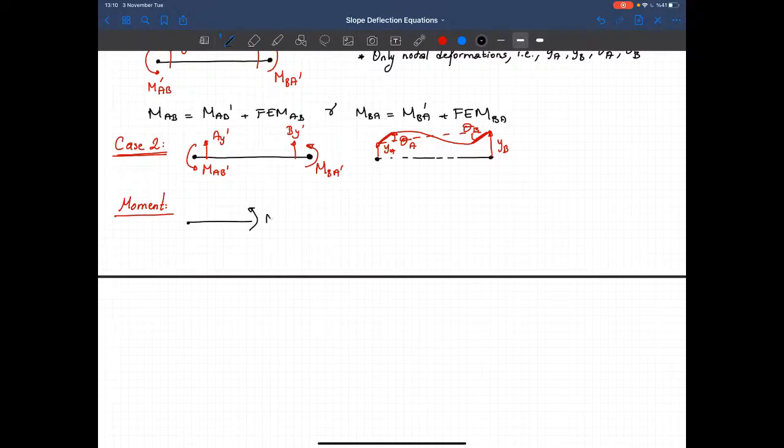Here I have a shear force, AY prime, and this end moment, MAB prime.